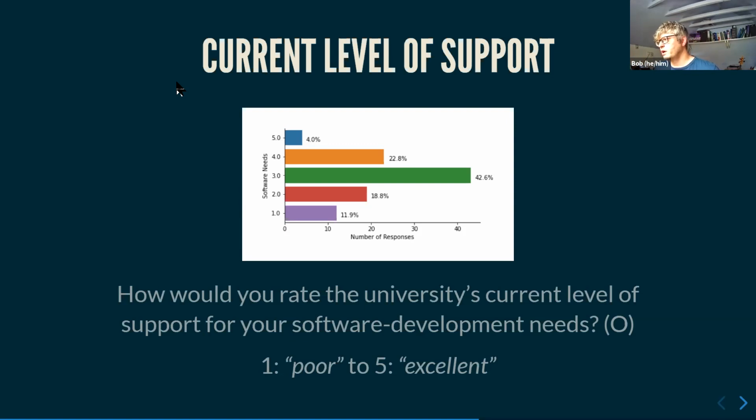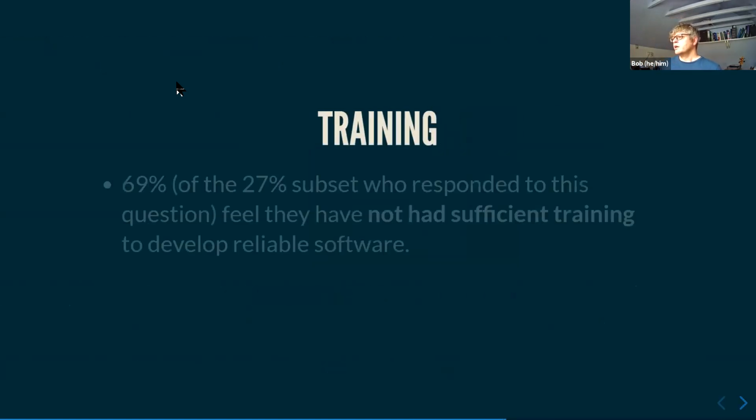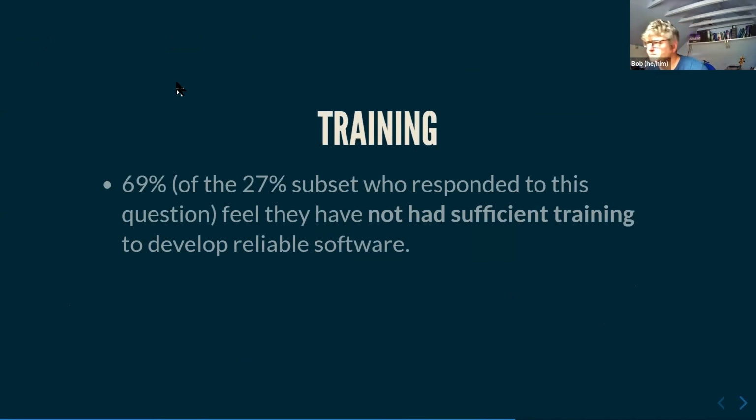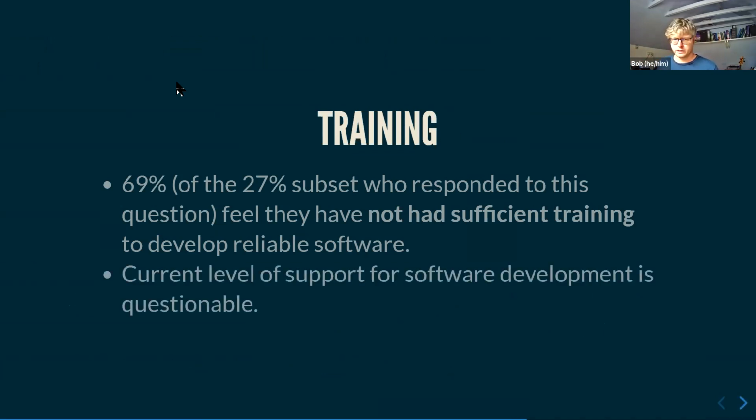I'm a bit worried that 12% of respondents said it was poor, which seems like something we should do something about. So, summing up on training, lots of people feel that they've not had enough training to develop reliable software, and the current level of support for software development at Sheffield is questionable, which is a responsibility that's shared between the RSE team and the IT services.